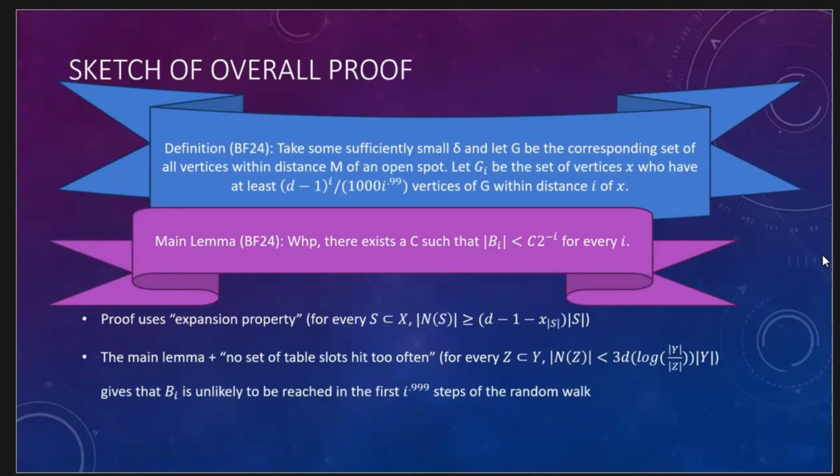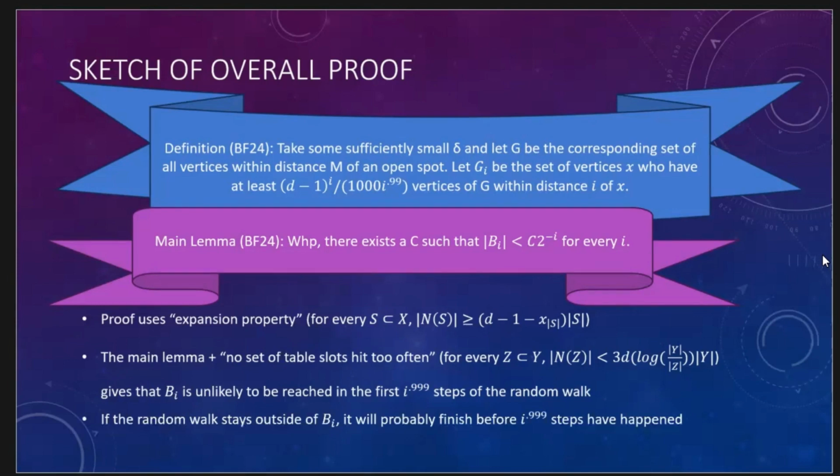So we can iteratively apply that bound to say we're not that likely to reach B_i in the first about i steps of the random walk. On the other hand, if we don't reach B_i, then every time we walk i steps, we have probability about 1 over i of ending up in G, and then we'd be good. So we're unlikely to hit B_i, and if we stay out of it, we're unlikely to take more than i steps. So B_i corresponds to the probability that we take more than i steps. Okay, I'll just go on.